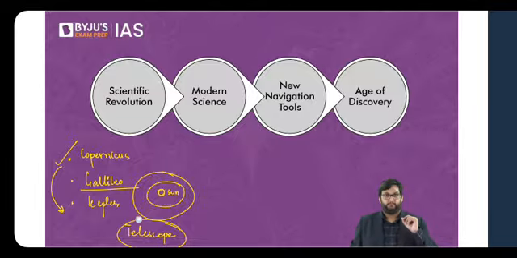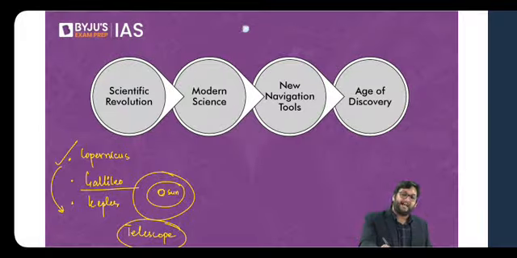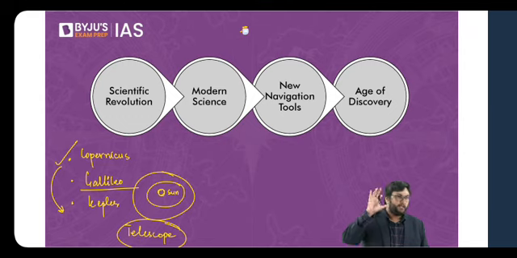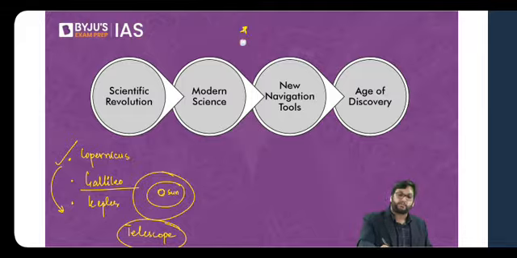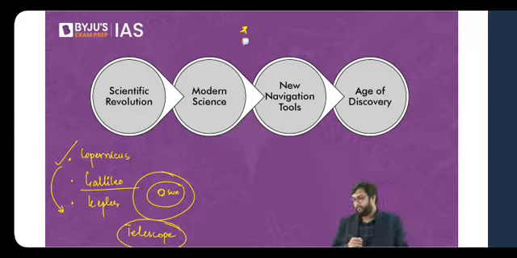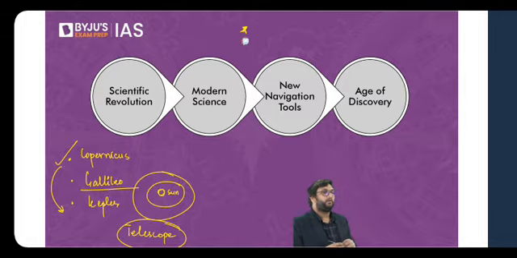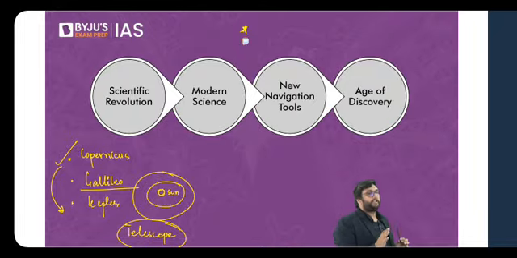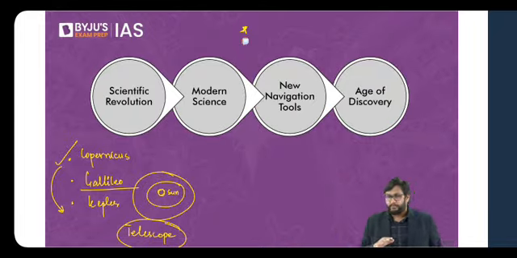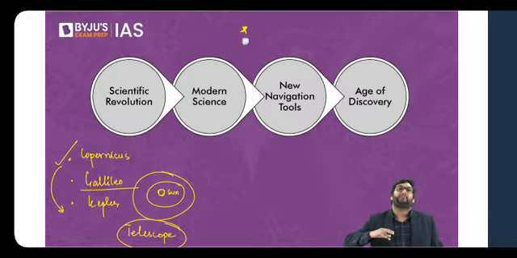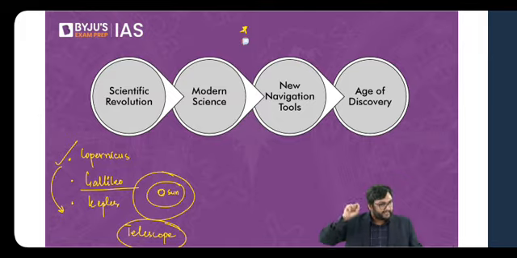I'll tell you how. See, what Galileo did was that he found a star in the sky. Through his telescope, he noted the position of the star A. Now, according to the church, if I go after 6 months and look towards the sky, I will find this object A where it is, or it will change.